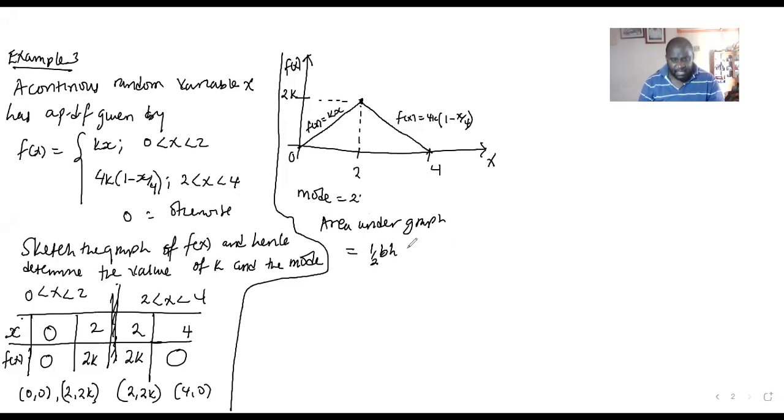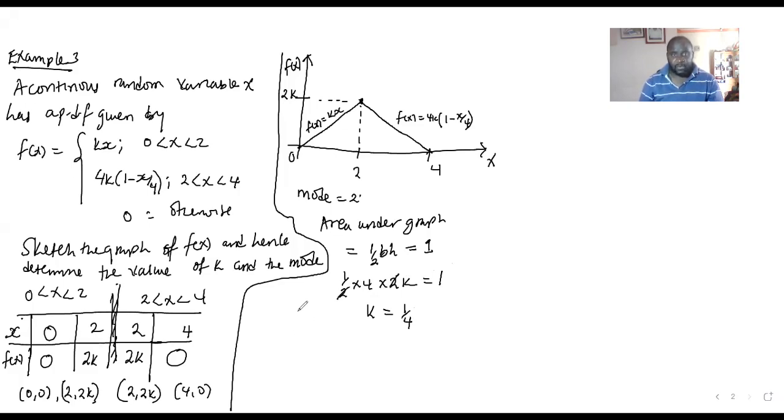But the total area under the graph is supposed to be equal to 1, because the total area represents the total probability. So the total probability has to be equal to 1 as per the earlier definitions, and therefore it will give us a half times 4 times the height, which is 2k. The answer is 1. I lose the 1, the 2 by dividing. My k is finally equal to a quarter.